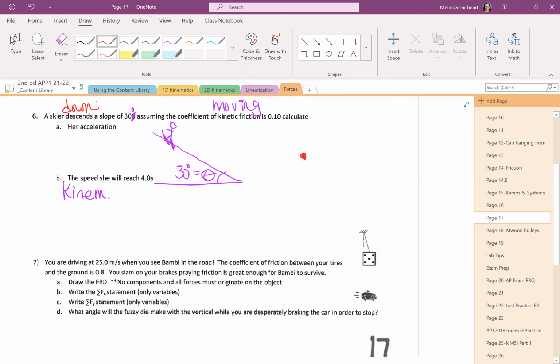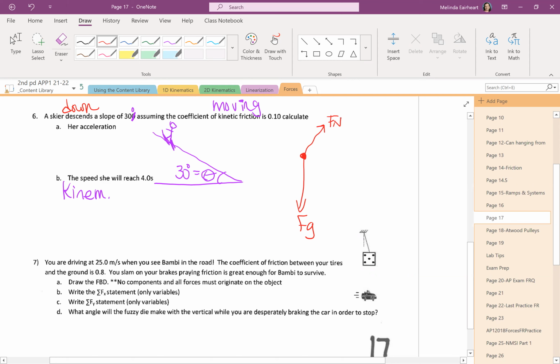What do we got? Gravity. Does gravity care that we're on a ramp? No, it goes straight down. What else? Normal force is drawn perpendicular to the surface. So based on how I have this ramp drawn, it would be up, tilt your head to the right. And it should be smaller than FG.